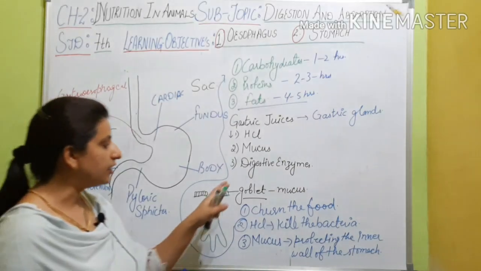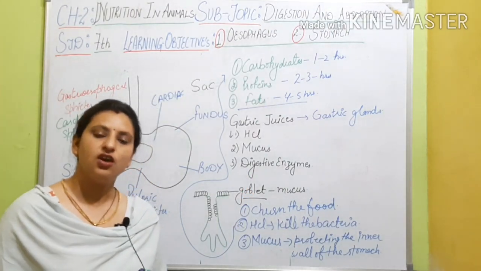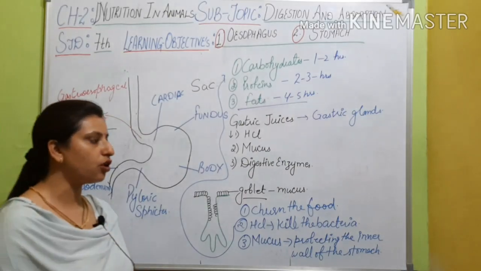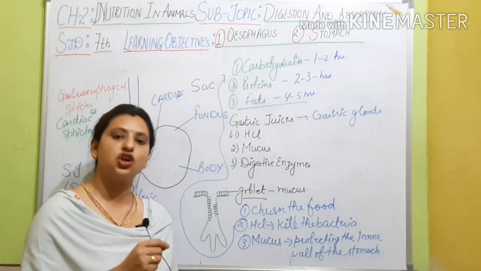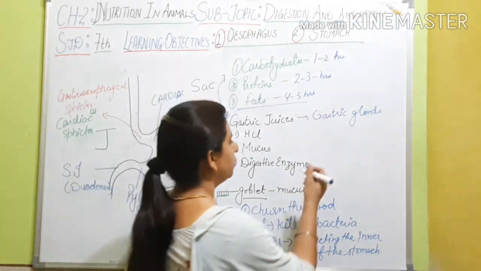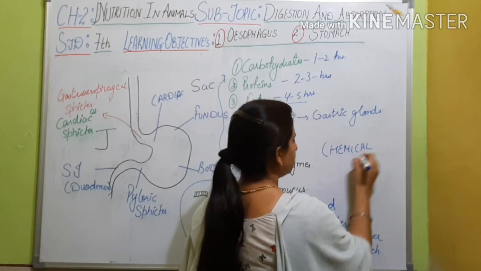And the last one is the digestive enzymes. There are a number of digestive enzymes which help in easy digestion of the food, and the most important function of the stomach is that it helps in chemical digestion of the food.